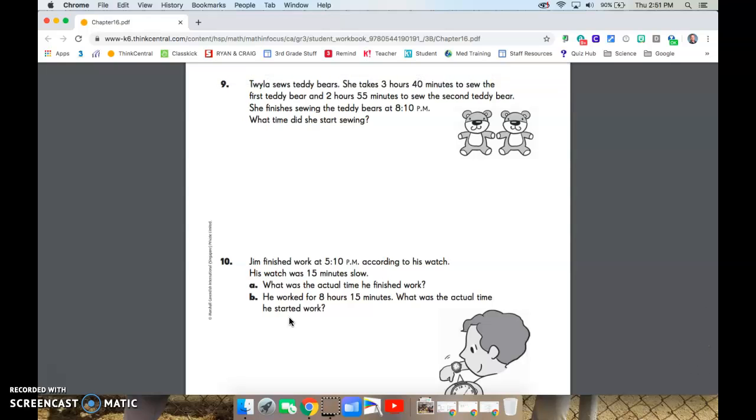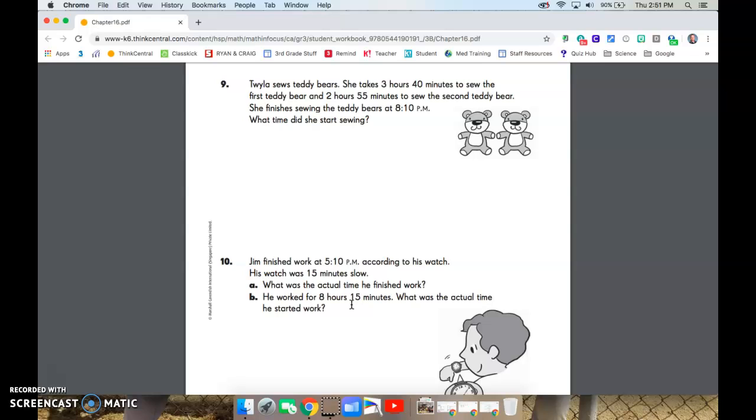B, he worked for 8 hours and 15 minutes. What was the actual time he started work? So we're going to do our work from 5:25 p.m., not from the 5:10 p.m., okay? So we're going to go backwards 8 hours and 15 minutes, starting at 5:25. So we're going to count back 8 hours. So we have 4, 3, 2, 1, 12, 11, 10, 9. I have my 8 hours up.